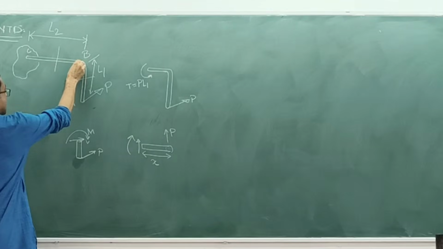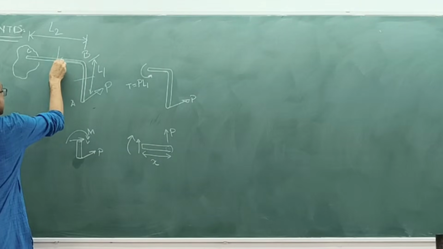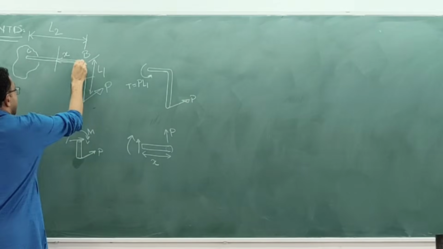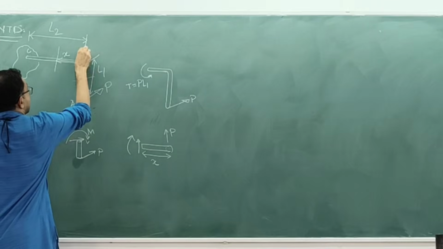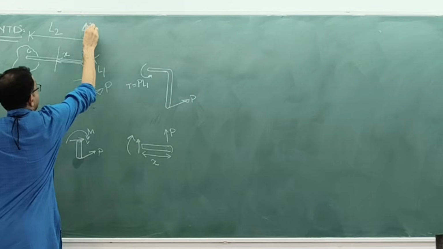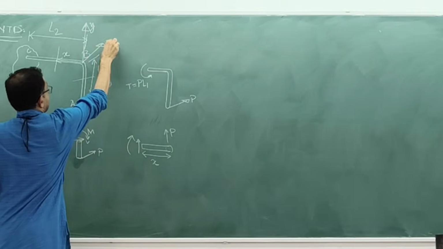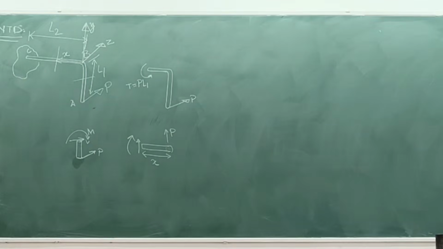No, no, no. So it is something like this: there is an x here, and there is a y like this. There is a y, and then there is a z. Now it is clear, huh? So the P is along the z. All right.